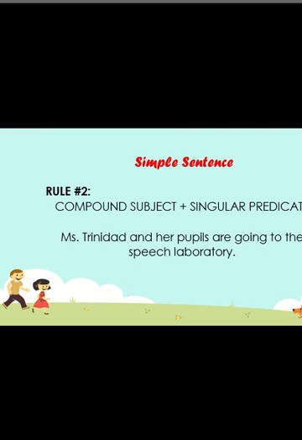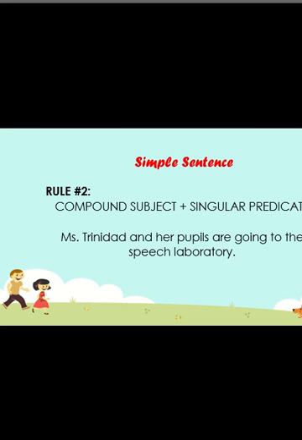So, let's have this first example. Pakibasa nga, Jenard. Mrs. Trinidad and her pupils are going to the speech laboratory. Okay, very good. Thank you. Now, who can identify what are the subjects in the sentence? Again, compound subject.